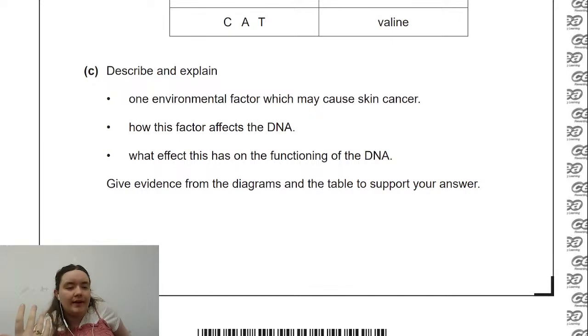The most obvious factor is how much sunlight, or how much radiation or UV light, a person is exposed to.